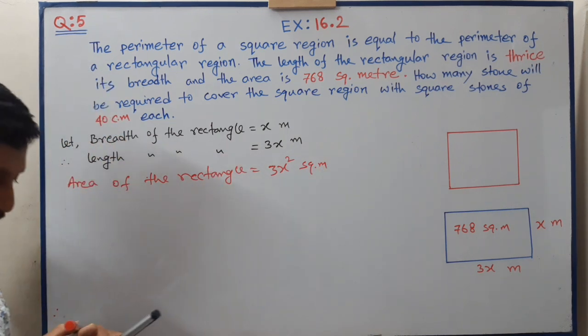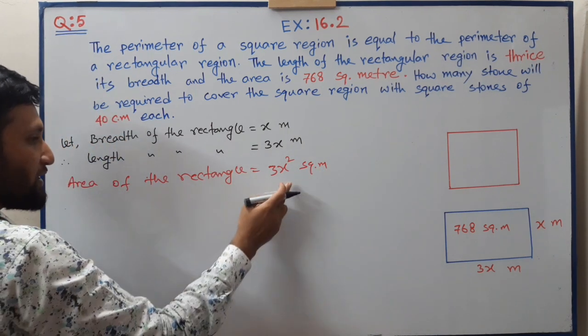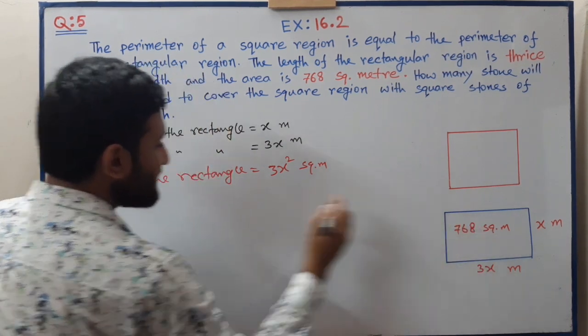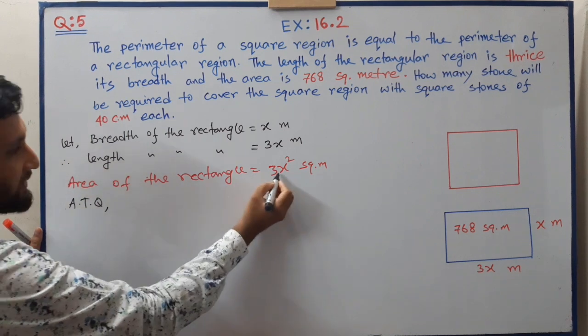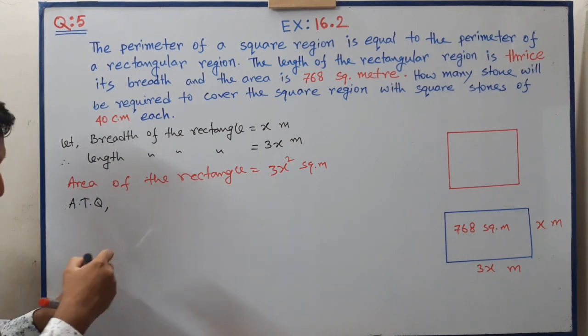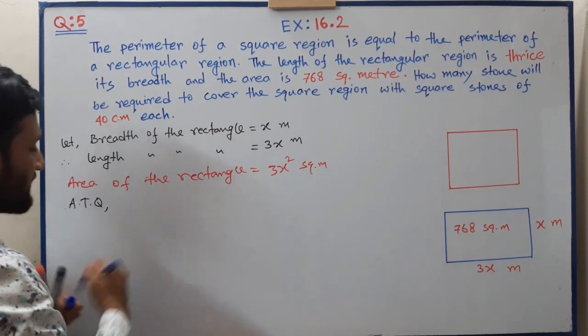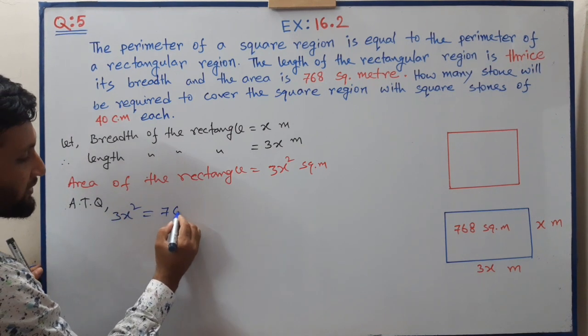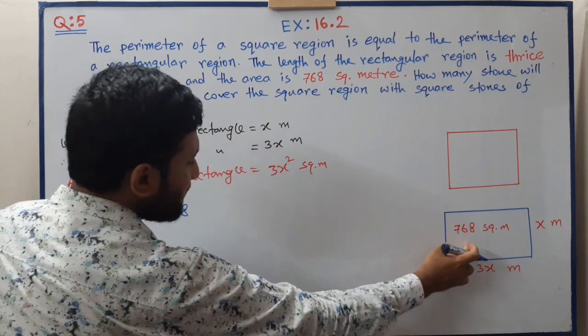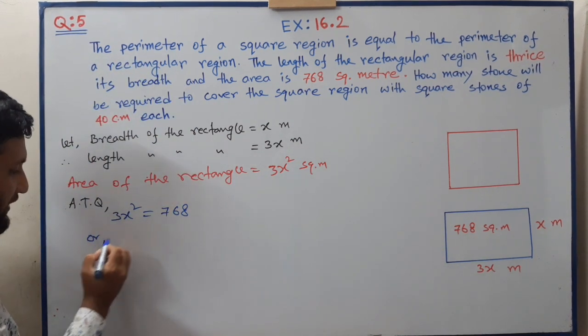According to the question the area of the rectangle is 768 square meter. So we can say that 3x square is equal to 768 square meter. Okay, so we can find the value of x here.